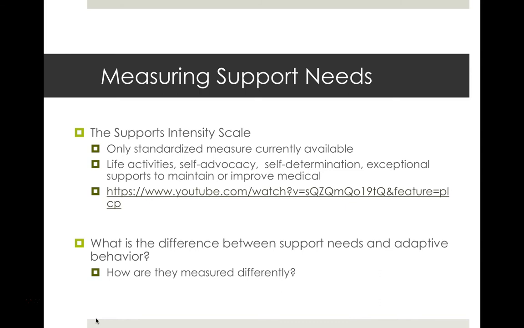Adaptive behavior, though, is different because it measures what somebody has already learned, what they've achieved. And support needs help us understand where the gaps are based on adaptive behavior deficits. Support needs measure extraordinary supports that are needed to participate in daily activities, and give us a skill profile that an individual will need.